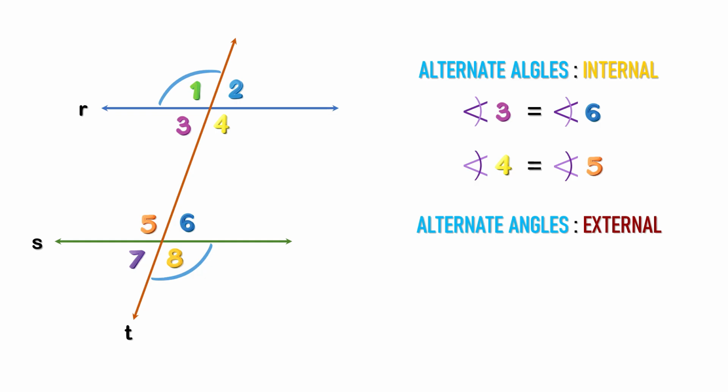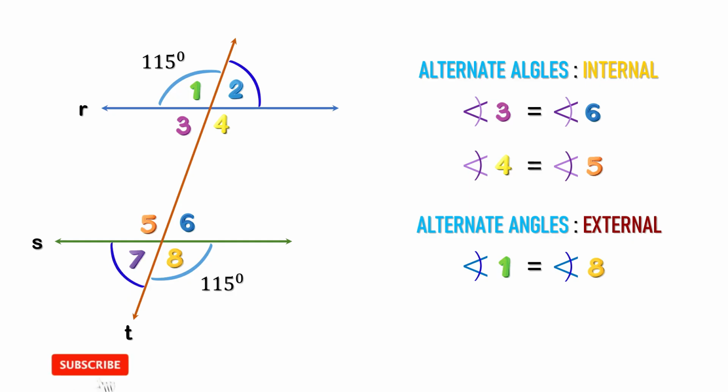For example, if the amplitude of angle 1 is 115 degrees, then its alternate external angle also measures 115 degrees. Analytically, it is written. Similarly, angle 2 and angle 7 are alternate external angles and satisfy the same property, so analytically it is written.